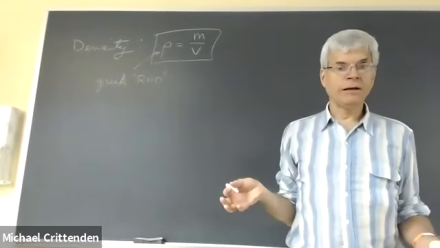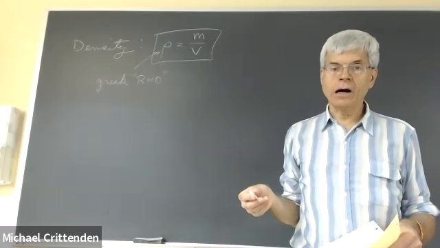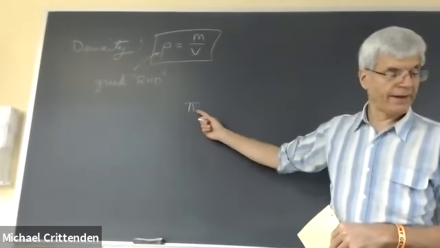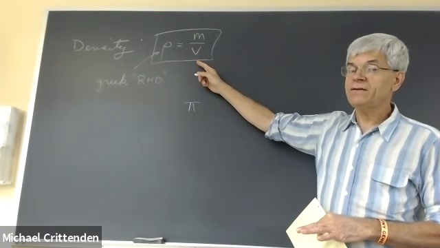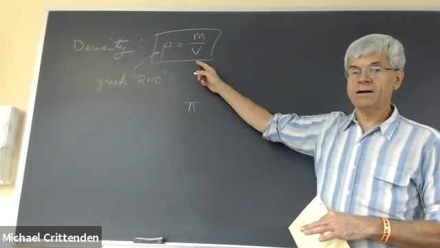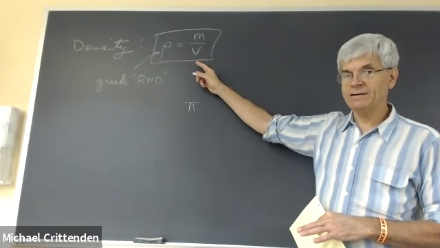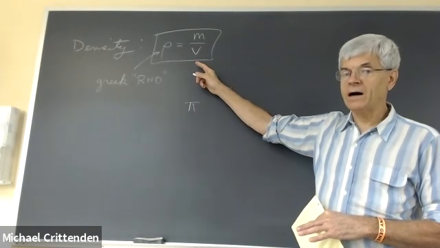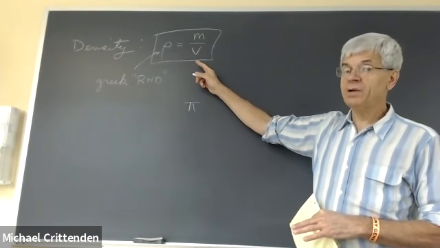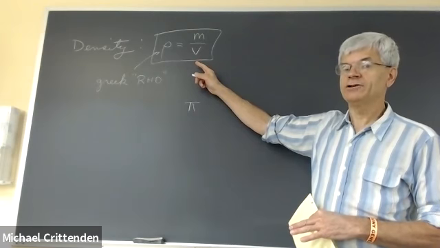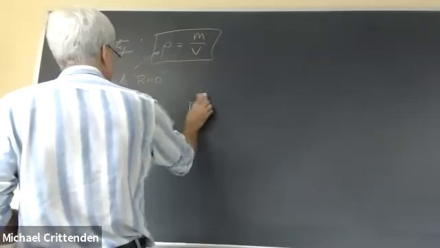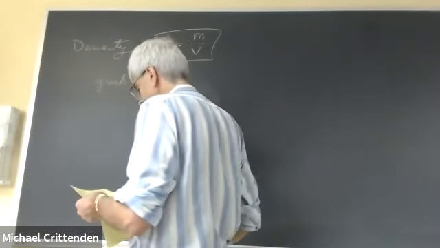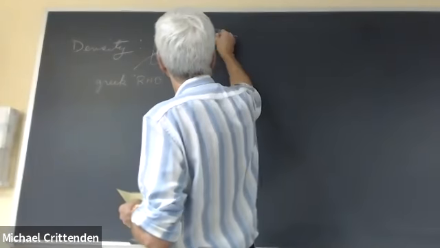A lot of people want to call it P. It's a Greek R, not a Greek P. Greek P looks like that. Try and make it look different from a P somehow, because in a matter of just a few minutes here, I'm going to be writing down an equation that contains both R for density and P for pressure in the same equation, and you want to be able to tell the difference between them. Mass per unit volume.